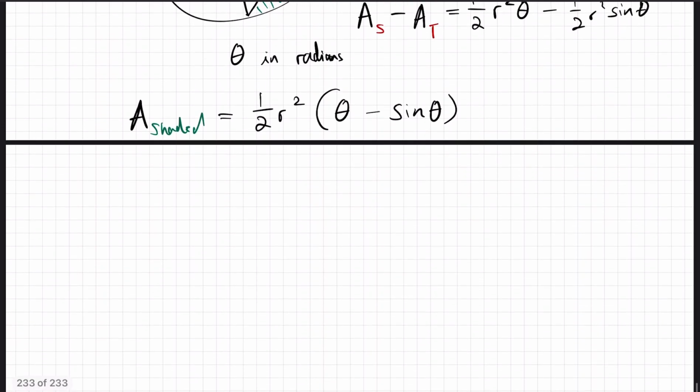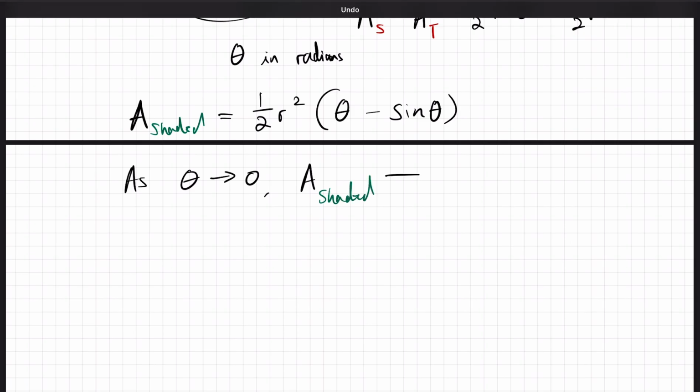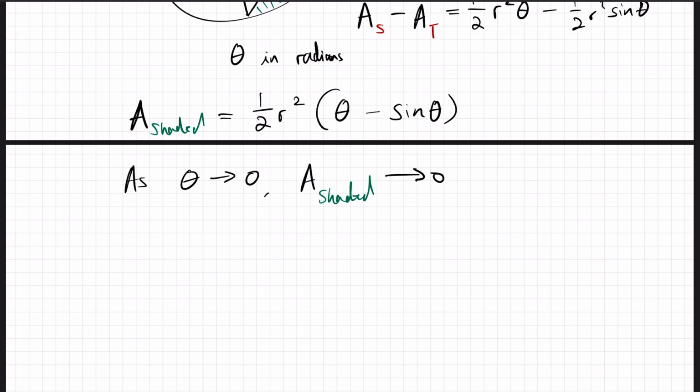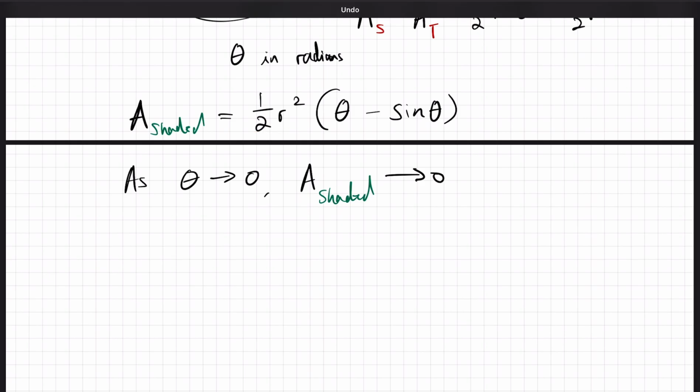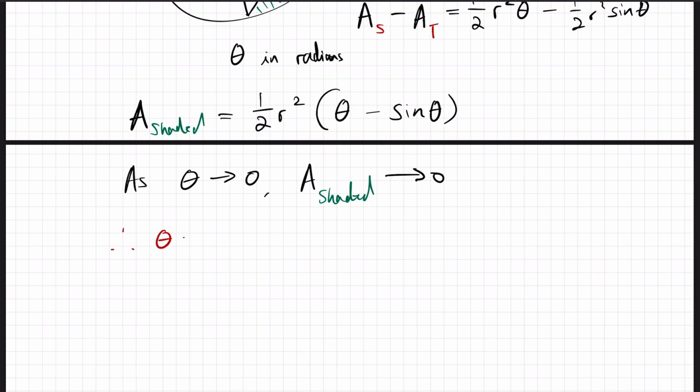So mathematically, as theta approaches 0 or gets small, the area of the shaded region also approaches 0. Since 1/2 r squared is a constant, that must mean theta minus sine theta approaches 0 as theta approaches 0.